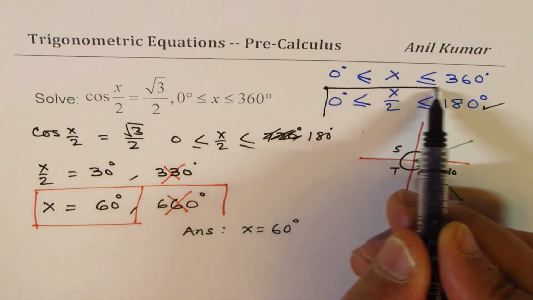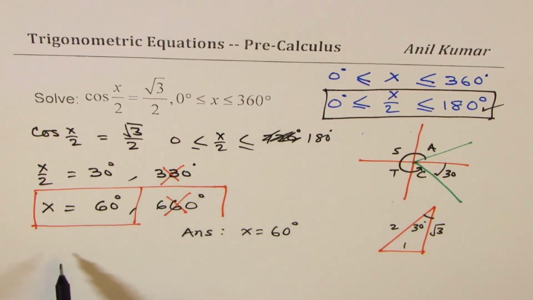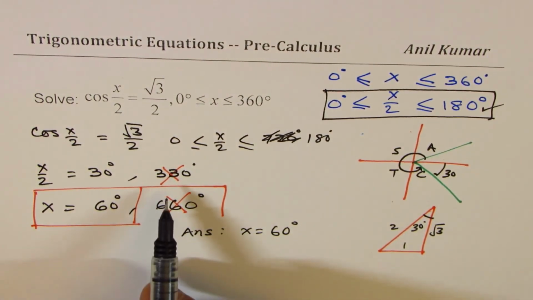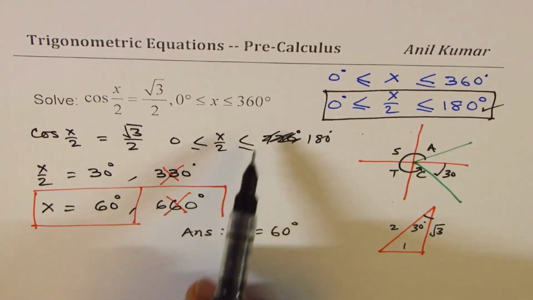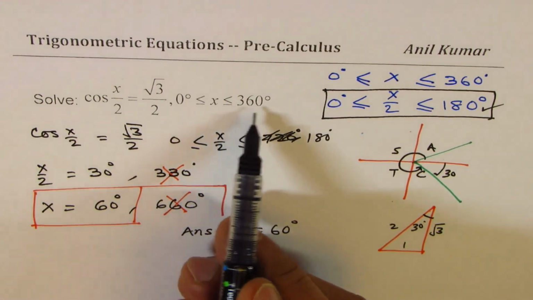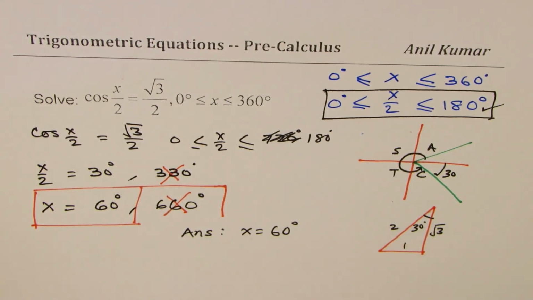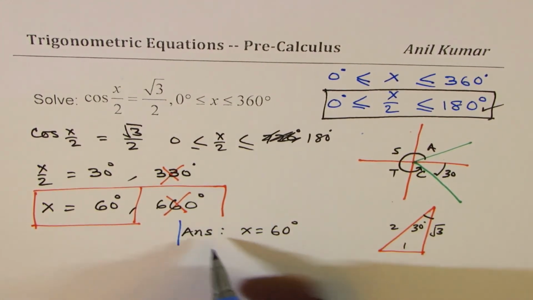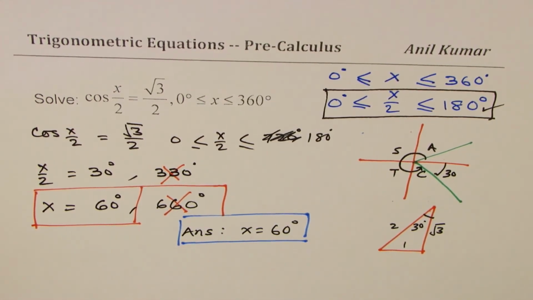Remember this. I was going to forget about it. So this is not a valid solution, right? As you could see, if I multiply 330, we get an angle which is more than 360 degrees for x. But x should be less than 360, correct? So this is not the right answer. So the only solution for this particular case is x equals 60 degrees. I hope that makes sense.